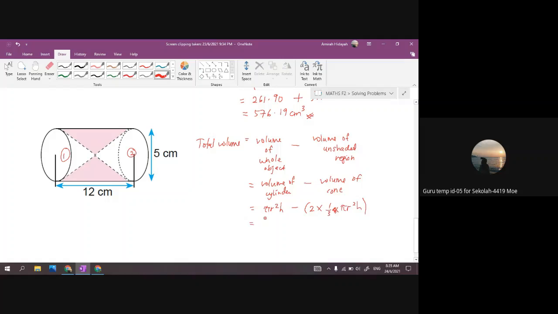Then boleh masukkan value yang diberi. Okay, so pi 22/7 times r square, radius. So radius dia, okay, diameter 5. So kalau radius divide by 2 kan. So you'll get 2.5. 2.5 square times height of the cylinder. So height dia yang ni lah 12.